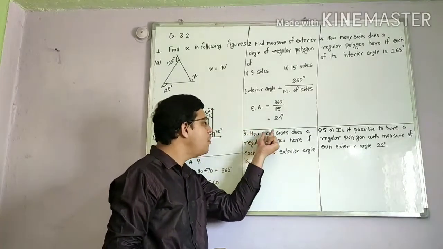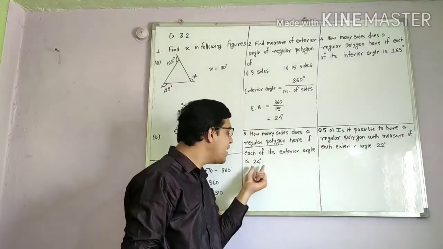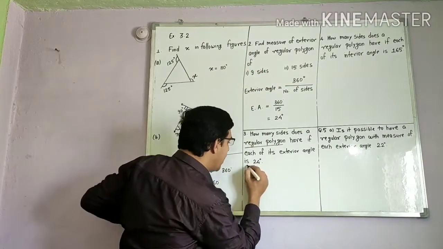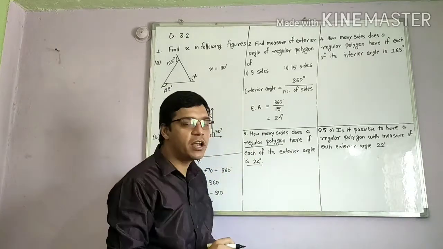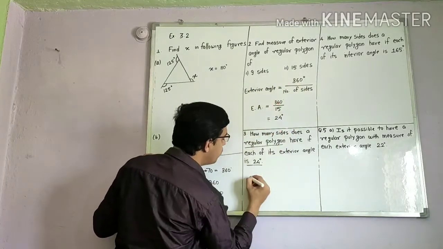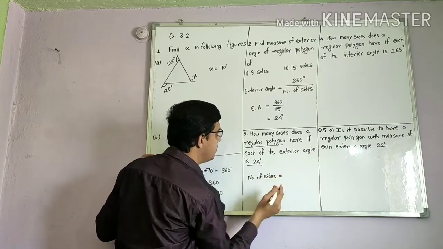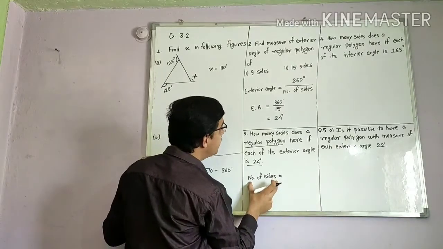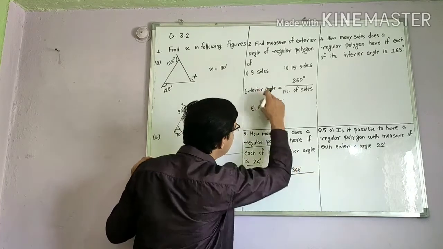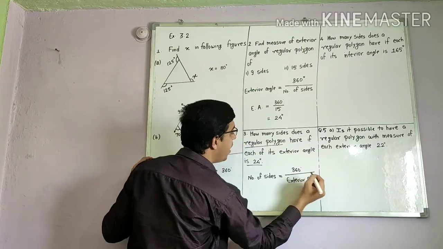Next, how many sides does a regular polygon have if each of its exterior angles is 24 degree? Earlier sides were given, you had to find angle. Here angle is given, we have to find number of sides. So the same formula will be used by shifting. So using this formula, number of sides will be equal to 360 degree upon exterior angle.